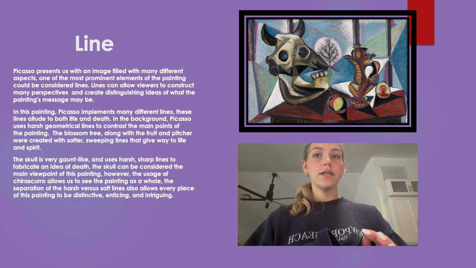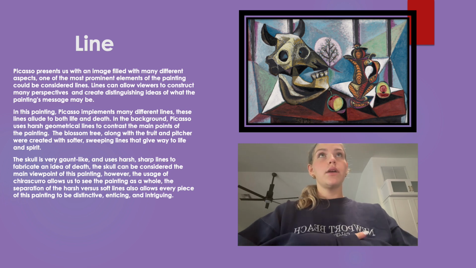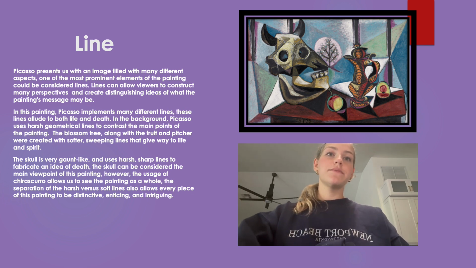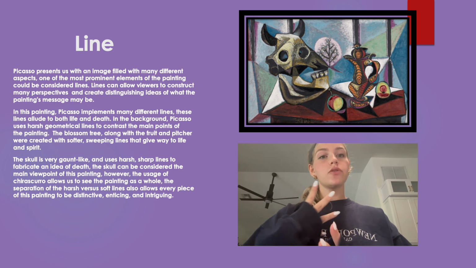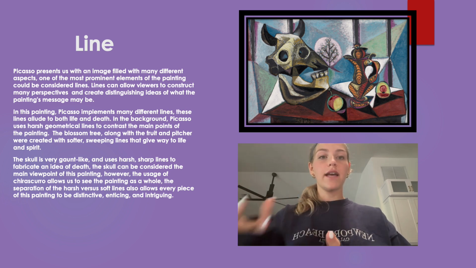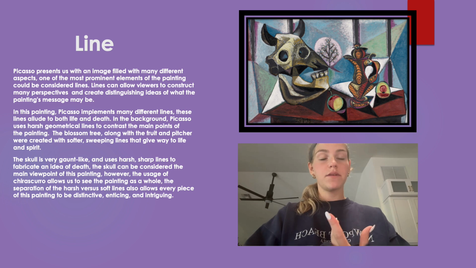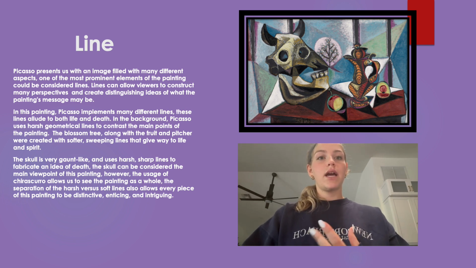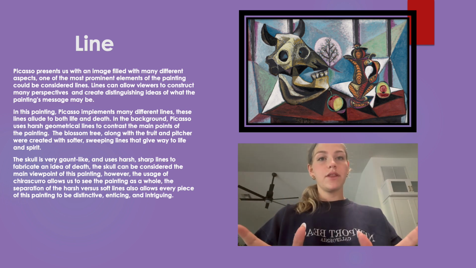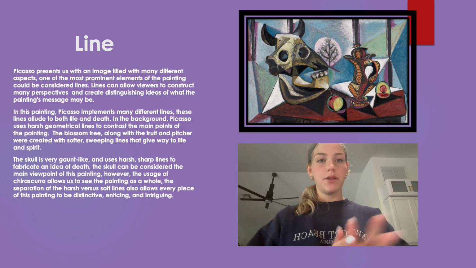The way that this painting applies to my personal life is that I would see the skull as the negative aspects of my life, and I would see the blossom tree as the positive aspects of my life. And I just think they are two completely different things, but they also blend together.